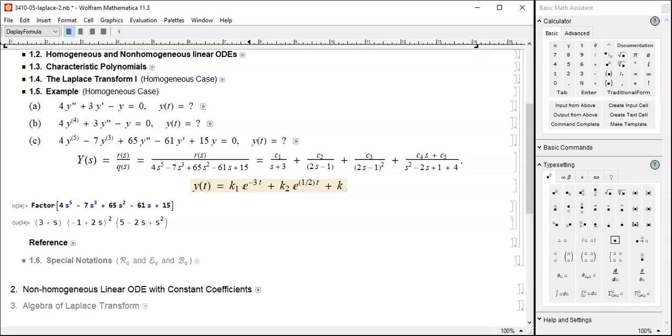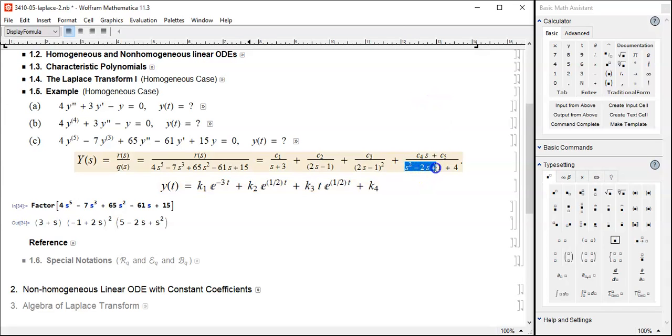Okay. K3, this time this is squared, so how to handle it? t times the exponential of the same characteristic value, and then K4.